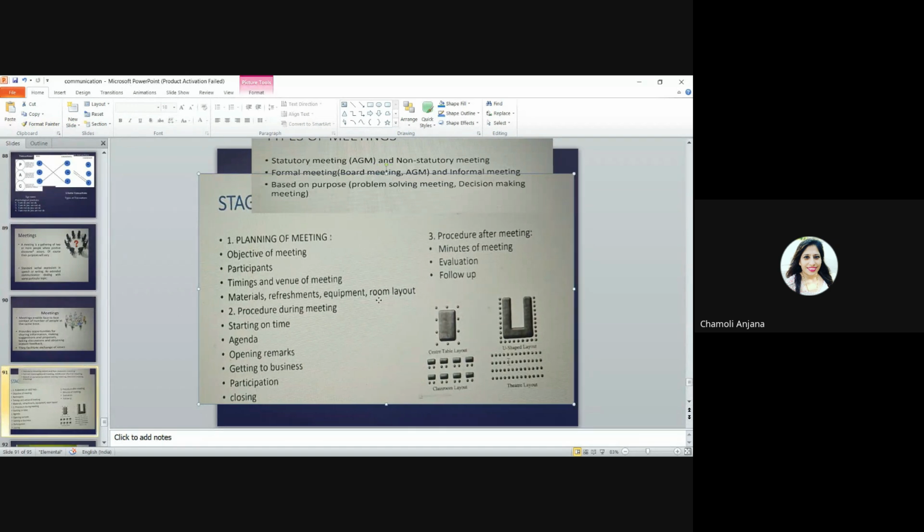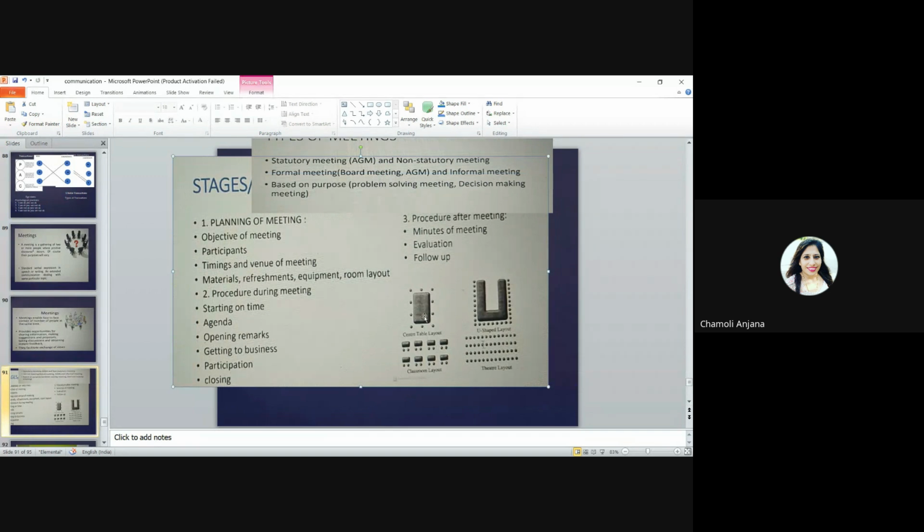So here, this is the center table, and all the participants are sitting around this table and they will be discussing. Now usually this kind of layout is used when the number of participants is small, and also when a closed discussion is required among all the participants.